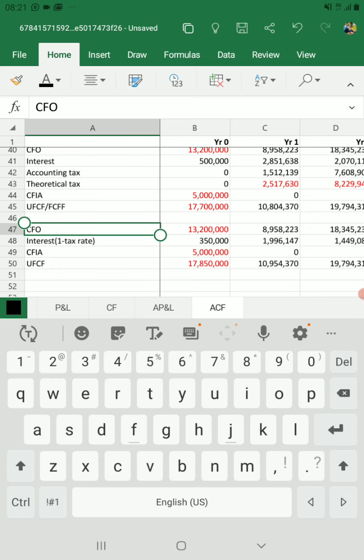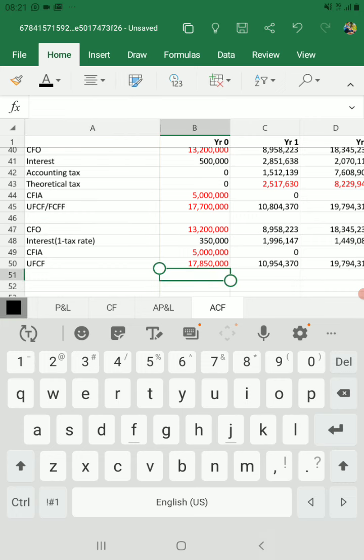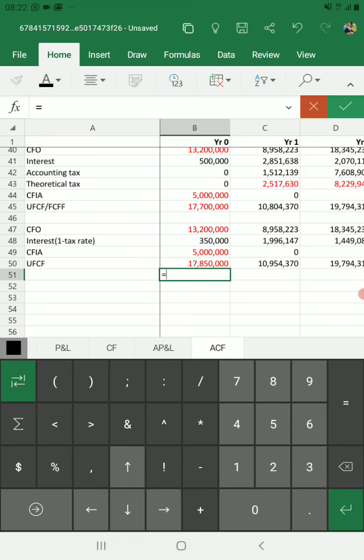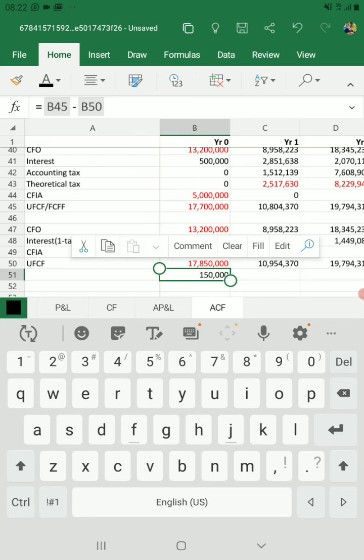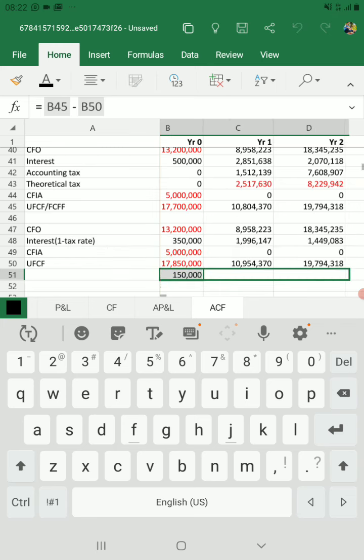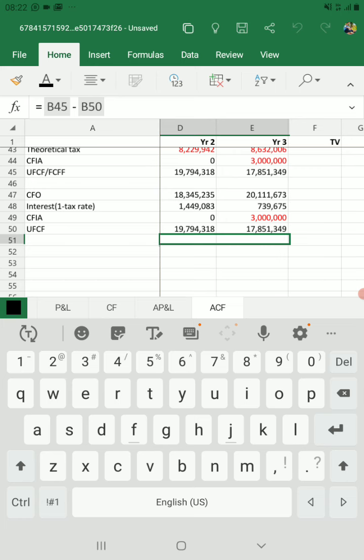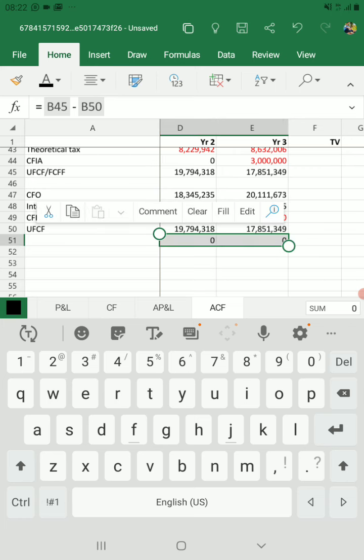Now you can see there is a difference between this approach and my approach. So let's see how much is the difference by starting with equal sign, taking this figure. This is my approach minus the formula approach figure, that one. Press enter, and then let us tap to fill this throughout the projection period.